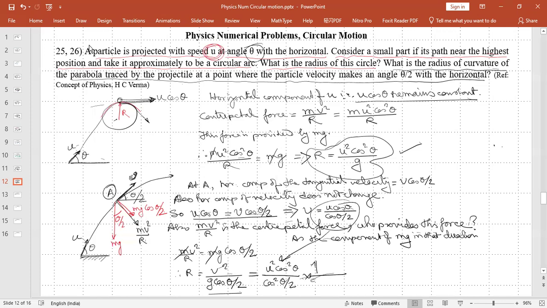So in the numerator we have u square cos square theta, and in the denominator we have g multiplied by cos cube theta by 2. So this is the radius of curvature at the point A, where the tangential velocity makes an angle theta by 2.